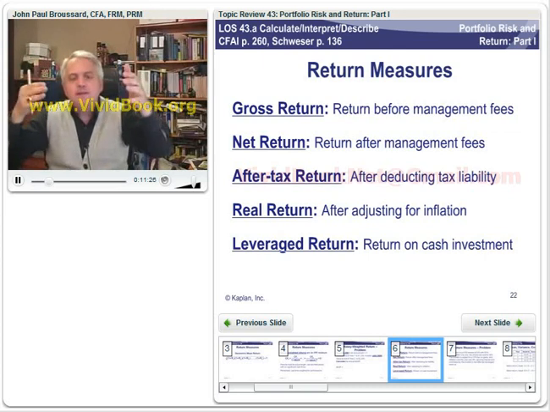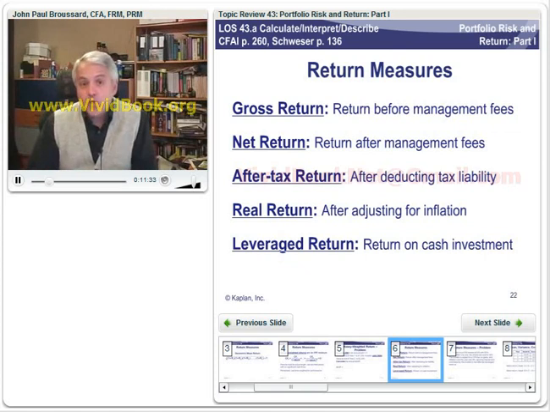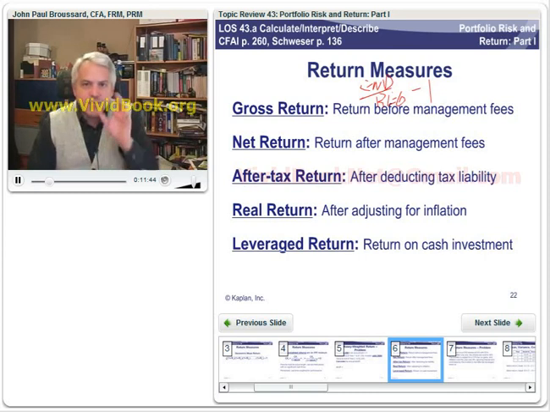What do we need to take away in order to get to each one of these return measures? So a gross return is nothing other than that rawest number, the total return. That would be the end over the beginning, minus 1. So that's the gross return.